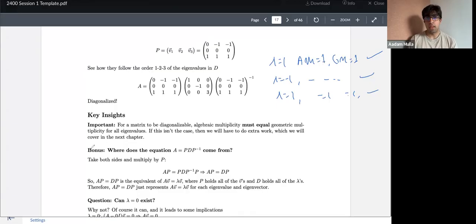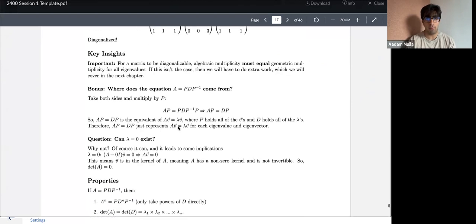Okay. One thing you might be curious about is where does this A equals P D P inverse come from? Basically, if you take this equation and multiply on the right by P on both sides, you get AP equals PD.